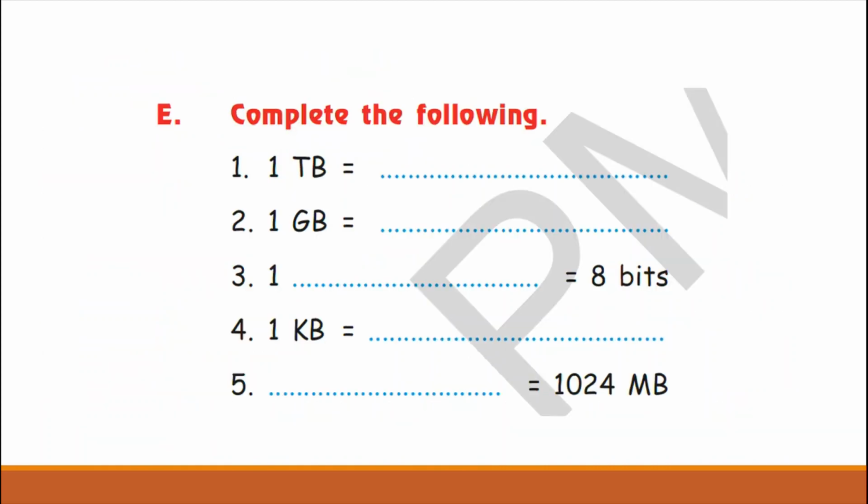The next exercise is complete the following. Number 1. 1 TB is equal to 1024 gigabytes. Number 2. 1 GB is equal to 1024 megabytes.